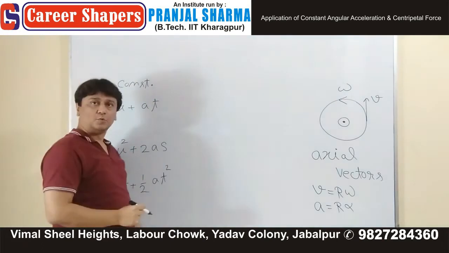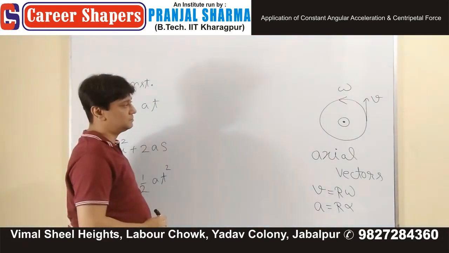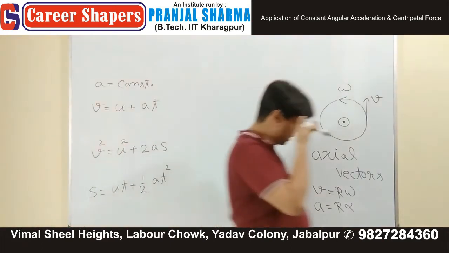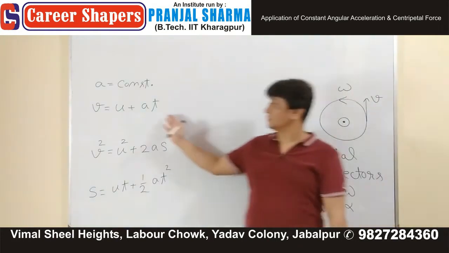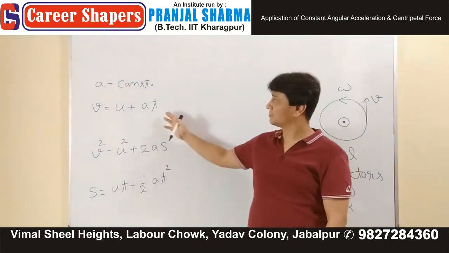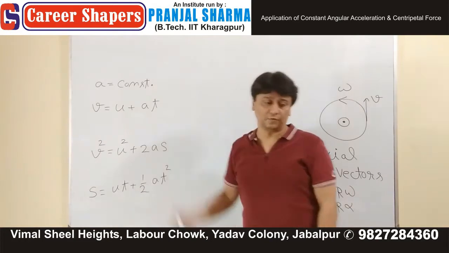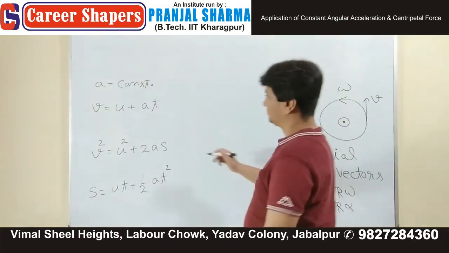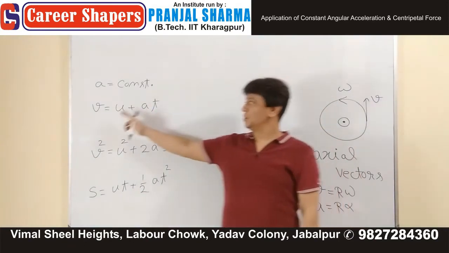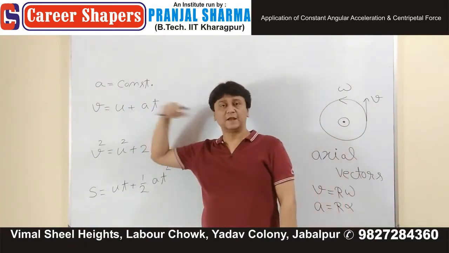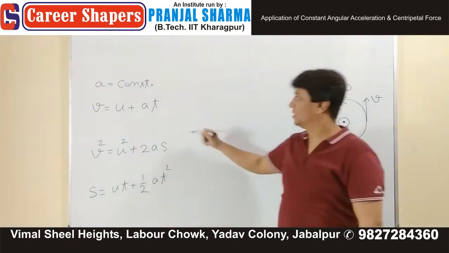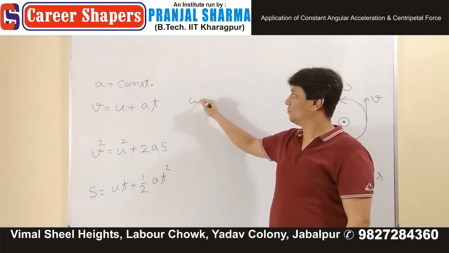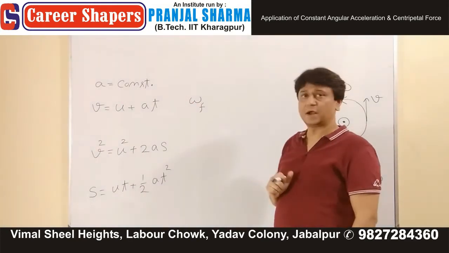In circular motion, you will replace these things in this form. What is V? Final velocity. Make it omega final.